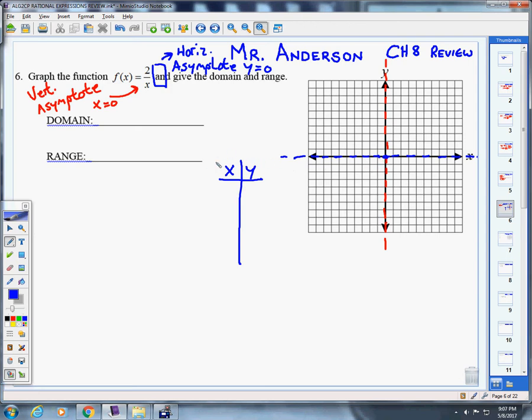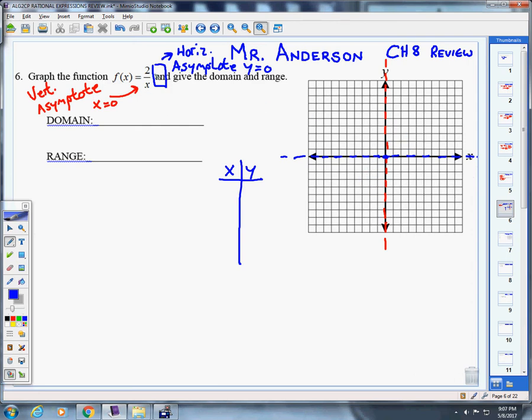If I had values way out here, x equals negative 20, x equals negative 15, that's not really going to tell me much. I know it gets really close to the horizontal asymptote. Same out here. What I want are numbers generally in this area right here.